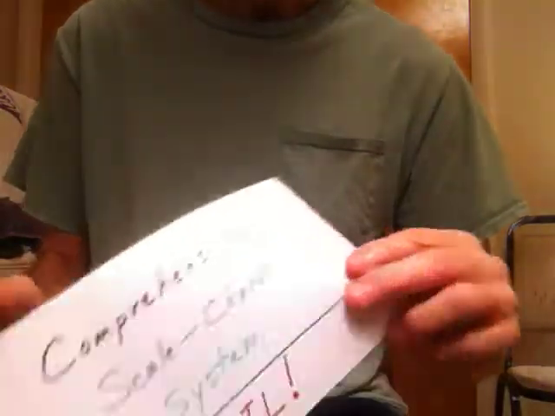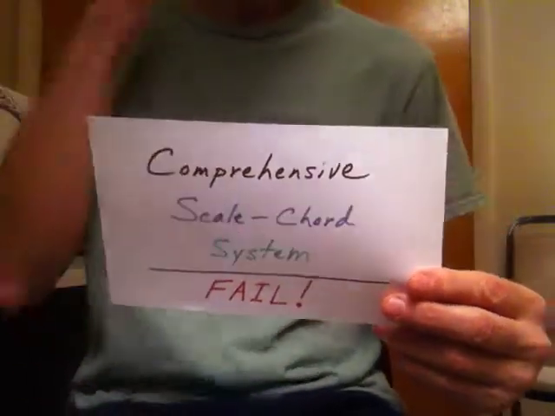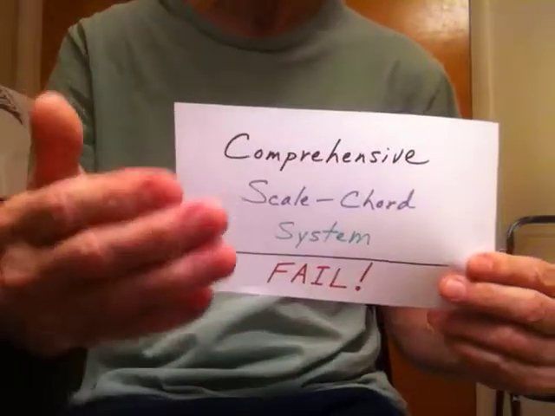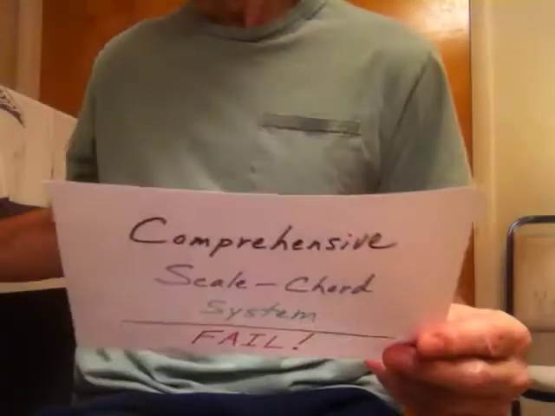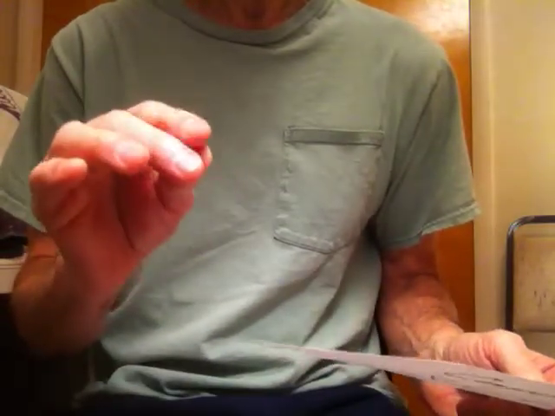I told you many times, I tried to develop a comprehensive scale chord system, a system that is comprehensive and complete, and a system that would use my amplified circle of fifths and use my ideas from my book. I tried to do that. In other words, I tried to develop the ultimate system, and I failed.